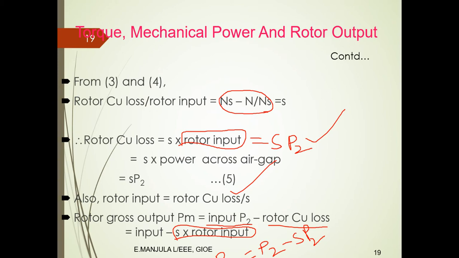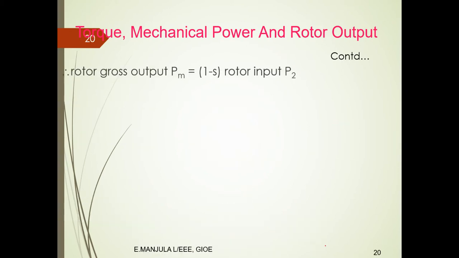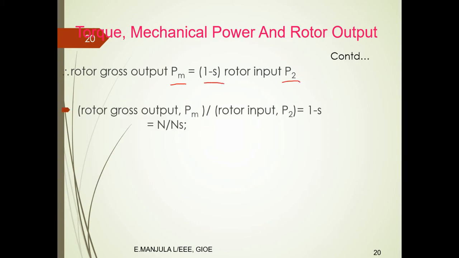So from this we can take P2 common and you will get 1 minus S. So here we observe PM is equal to (1 minus S) into P2. 1 minus S is also equal to N divided by NS.